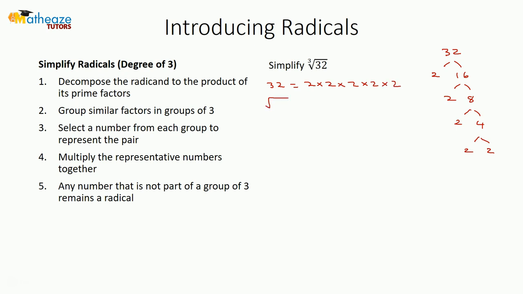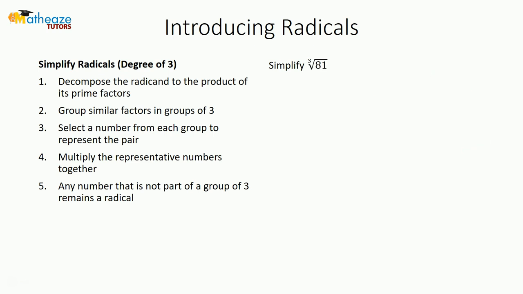So now when we want to find the cube root of 32, we're going to just pick groups of 3. And so we have 2, and then we're going to put 2 times 2 here. So we now have 2 cube root of 4 as the solution to this.